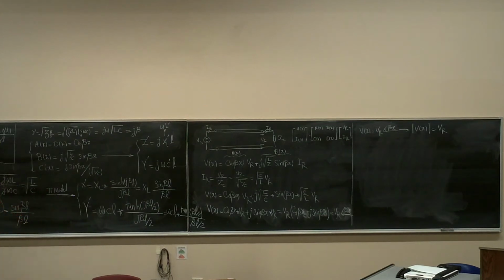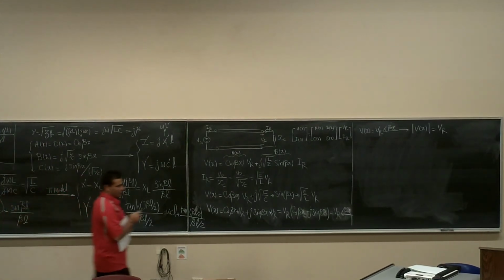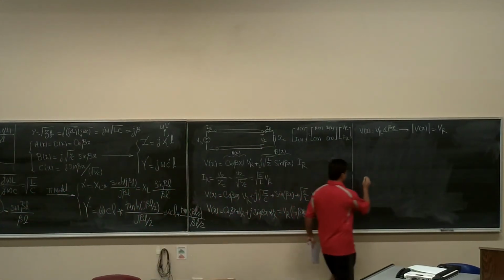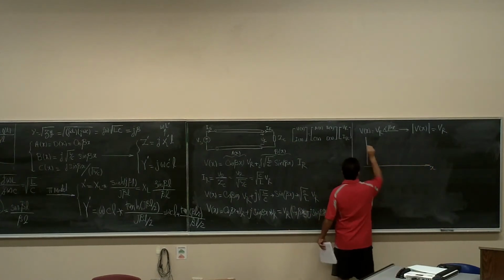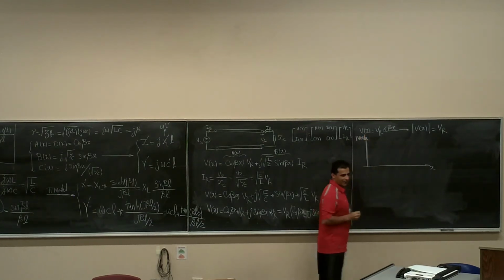What does it mean? Let me plot that. This is the x-axis, and this is the Vx. What does it say?